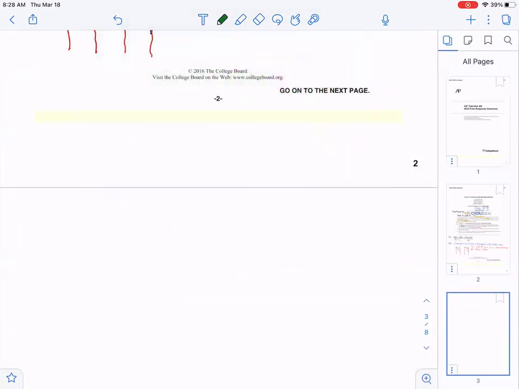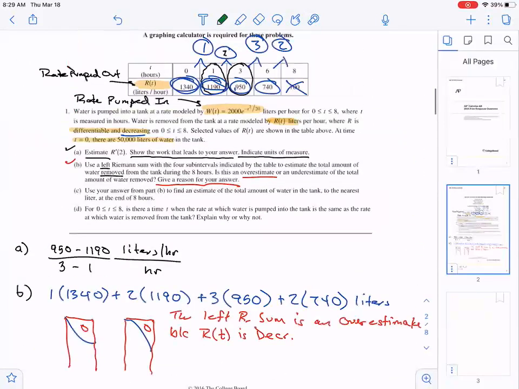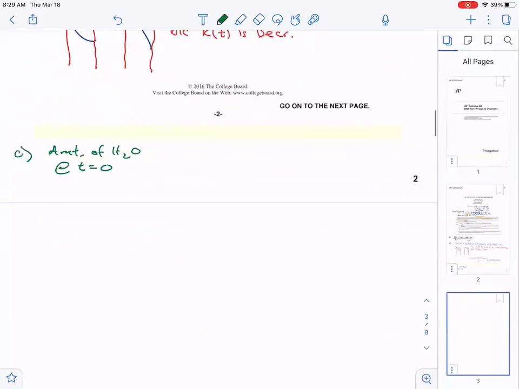So it's going to be the amount of water at time 0, which is given in the problem as how many liters? 50,000 liters right there. Guys, that's a commonly forgotten piece to this. People are leaving off the 50,000.